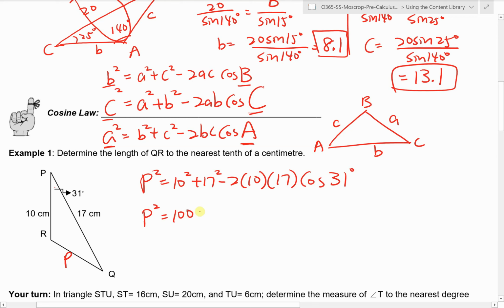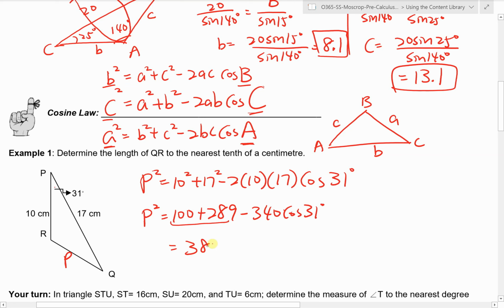10 squared is 100. 17 squared, I believe, is 289, but I'll just double check. 289, yes. Minus 2 times 10 is 20. 20 times 17 is 340. You still have times cosine 31 degrees. These two can be added together.